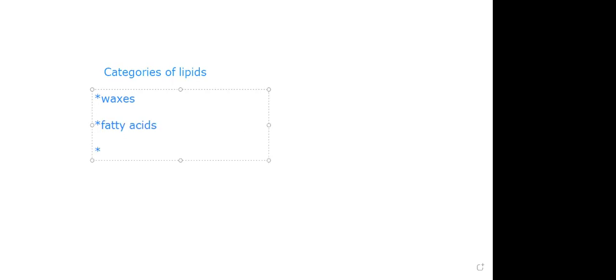So we'll actually break it into 5: the waxes, fatty acids, triglycerides, the phospholipids, and then the steroids. Those are the 5 categories, and really these first 4 all have at least some common threads, because all of them have ester linkages somewhere in them.